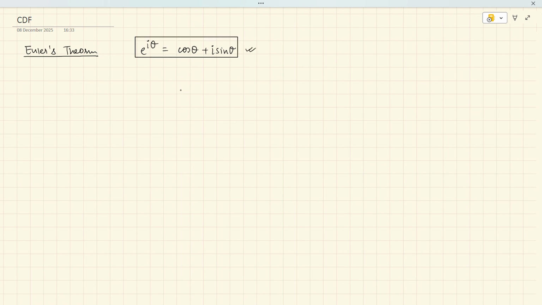In order to prove this equation we take the help of the Maclaurin series. If you are not well aware of the Maclaurin series, then let me introduce it.